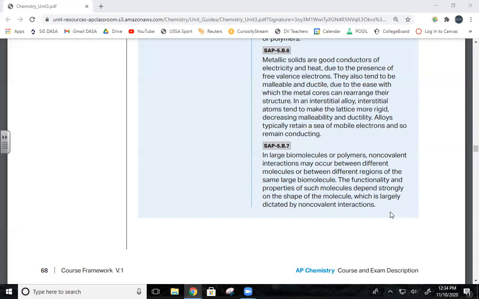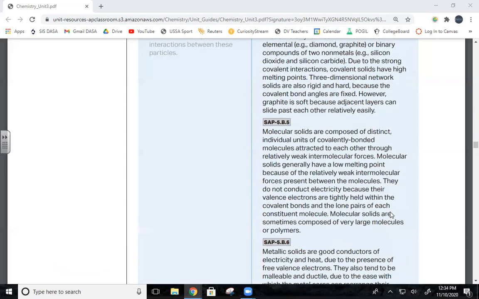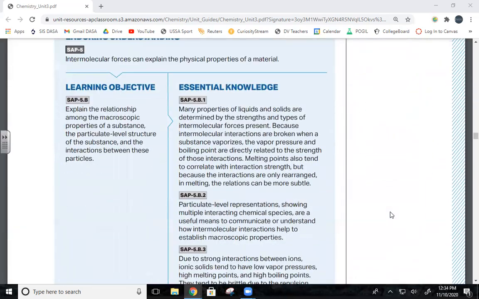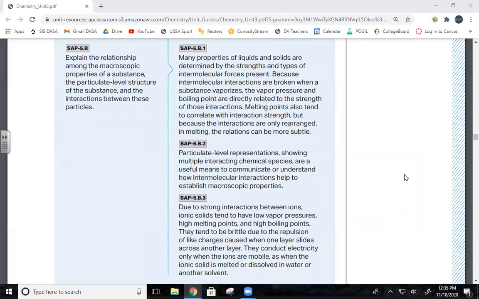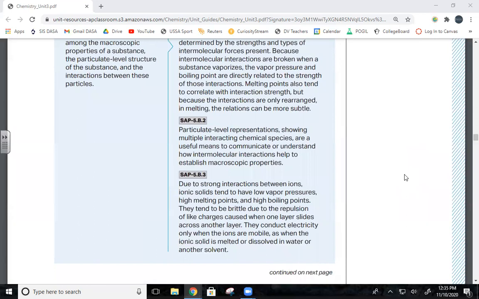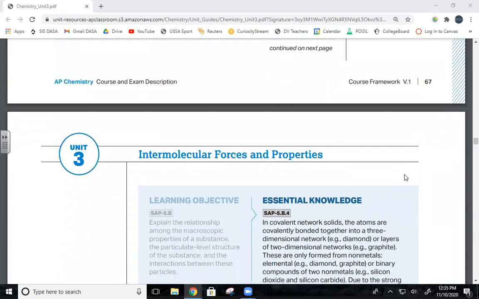Questions about the properties of solids. In your notes, since you've all been taking notes, right? We need to understand that, I think it's so funny they have this. It's just telling us that models are helpful. Interactions between ions, ionic solids, don't melt very easily, okay?